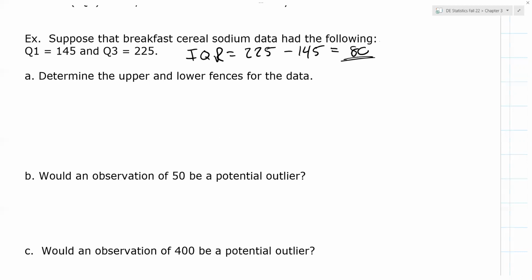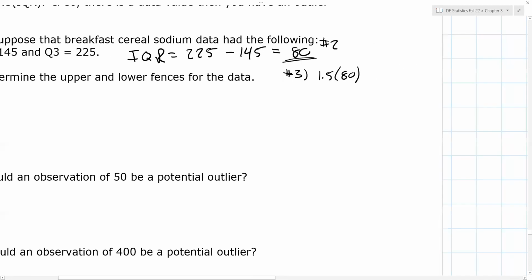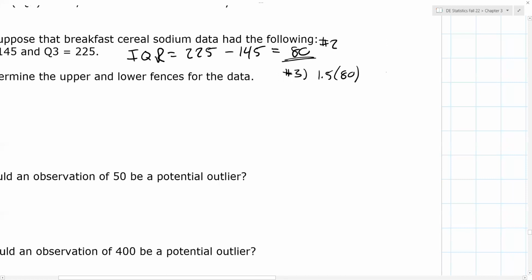So step 2 is the IQR. Step 3, we're going to take our IQR and multiply it by 1.5. That's that 120.